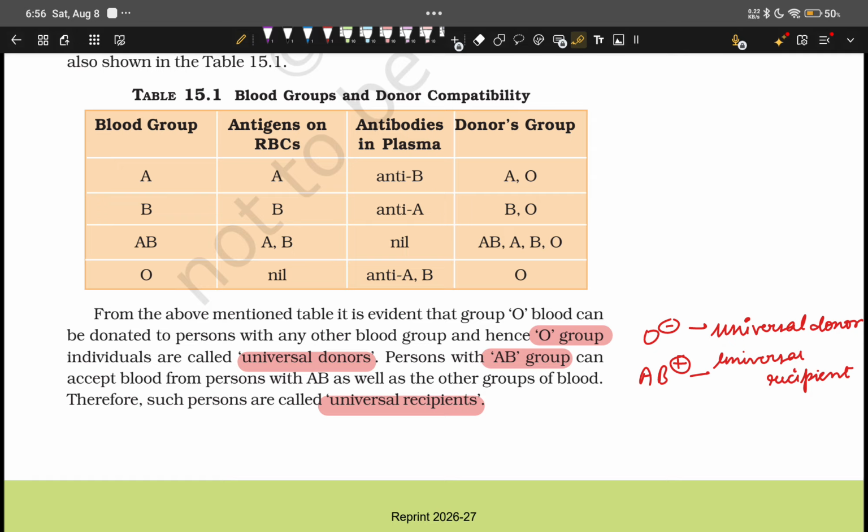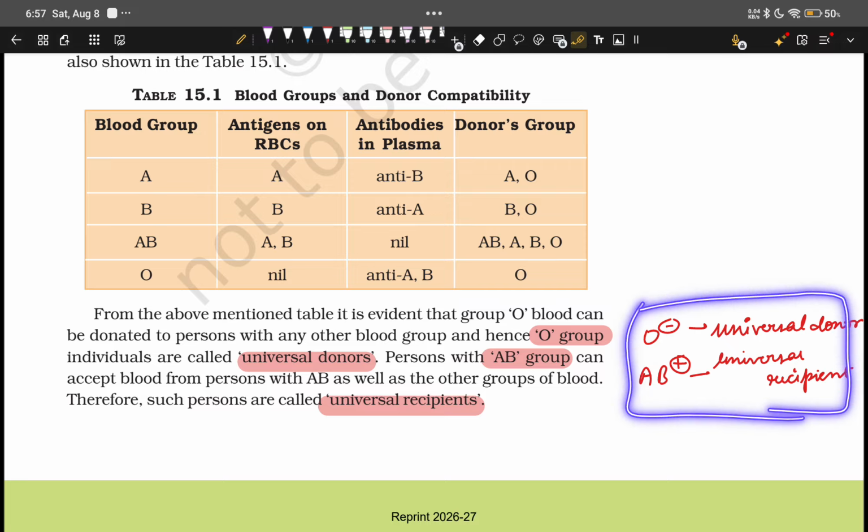If it gives blood to anyone except itself, like if it gives blood to A blood group, let's say, then the B antigen present in this AB blood group person will cause destruction of RBC in the A blood group person, whoever it gives it to. So basically it can only take blood, cannot give blood. That's why it's called universal recipient. I'll talk about this also.